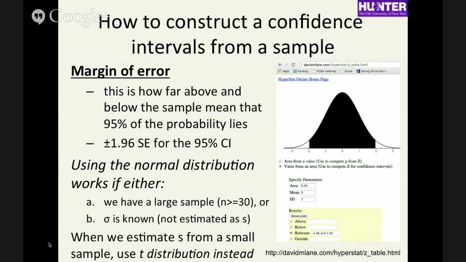All you have to do is a lookup in a z table for now, to see how far above and below your point estimate you have to go to get 95% of the probability in your sampling distribution. That means that if you took an infinite number of samples, 95% of them would fall in this shaded area.